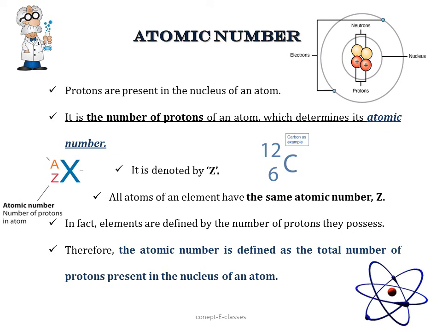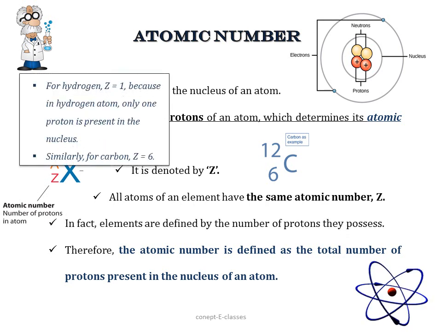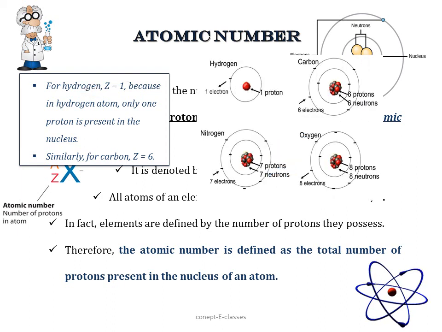It is denoted by Z. All the atoms of an element have the same atomic number Z. Say for example, hydrogen: Z is equal to 1 because only 1 proton is present in the nucleus of hydrogen. Similarly, carbon has 6 protons, therefore the atomic number of carbon is 6. In the case of nitrogen, the atomic number is 7. Oxygen, it is 8.